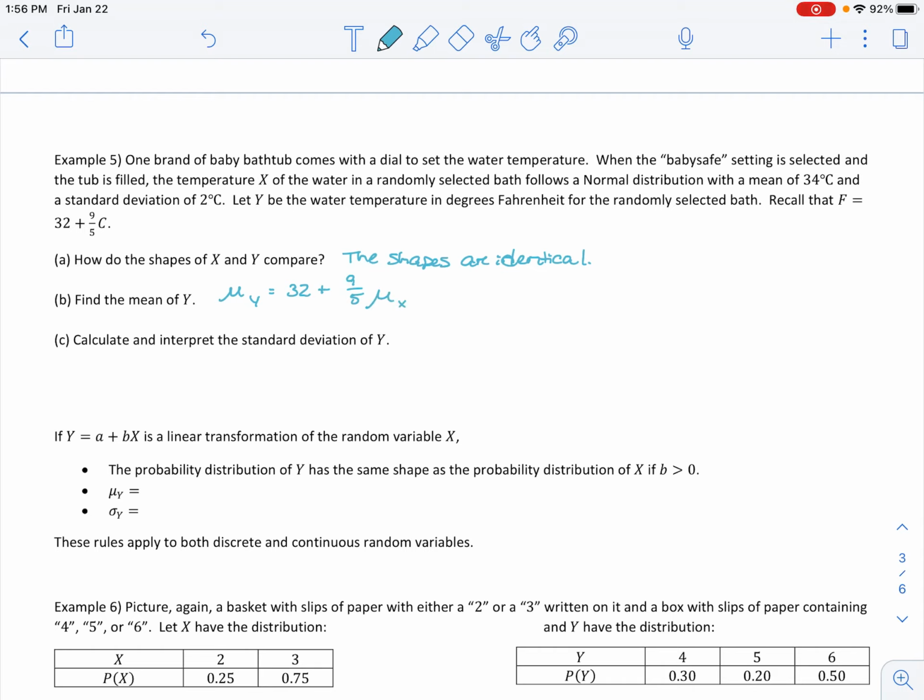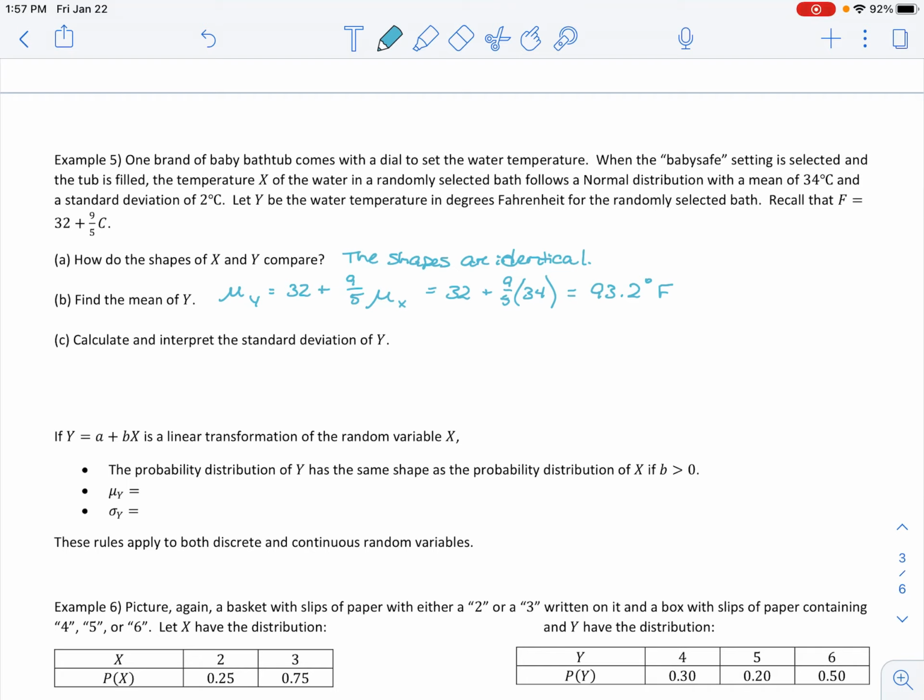I'm just taking my formula, and instead of the Celsius measurement, I'm putting the average of my Celsius measurements. So this would just be 32 plus 9/5 times the average in Celsius, 34 degrees. Because this is basically just saying, hey, what's 34 degrees in Fahrenheit? When you do this, you'd find it's about 93.2 degrees Fahrenheit. Just because it's an average doesn't change this conversion formula into Fahrenheit.